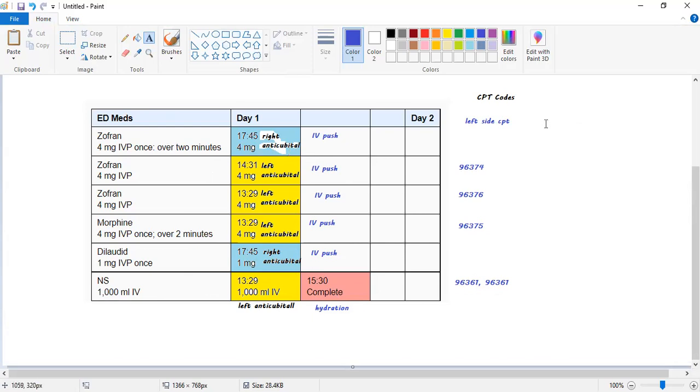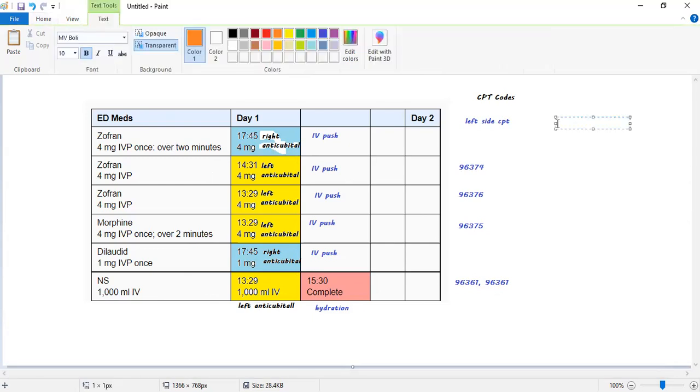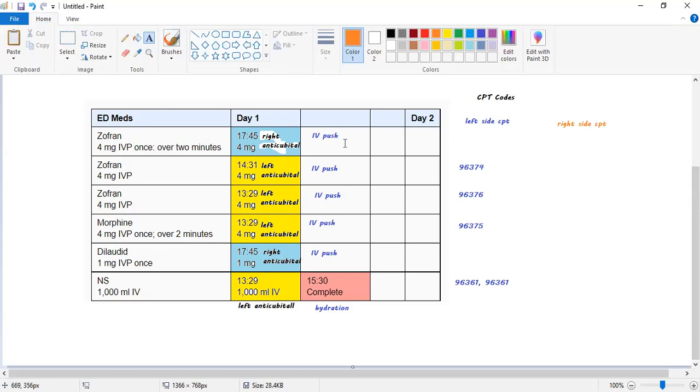Now I'm coding the right side CPT with a different color, just to make it clear. Here Zofran ran for over 2 minutes, right?